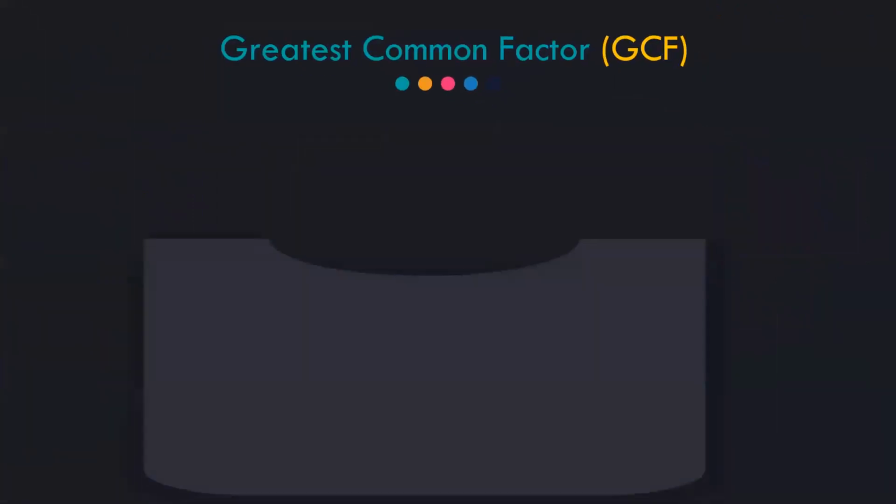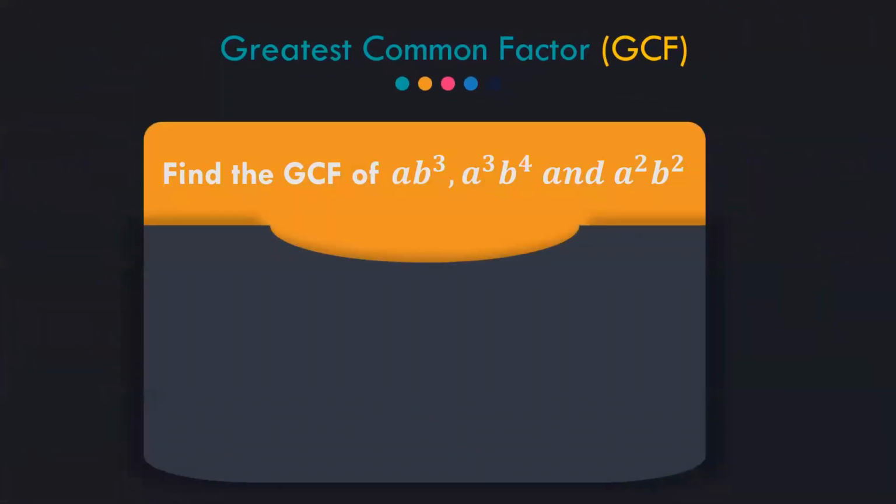Another example. So, find the GCF of a b cubed, b raised to 4, and a squared b squared. Okay. Now, here we have 2 variables each term. Right? So, first variable na nakikita natin ay si a. Now, let's check kung merong variable na a sa lahat ng term.